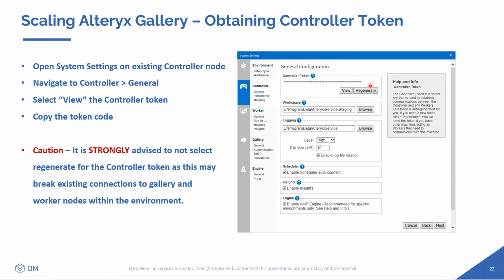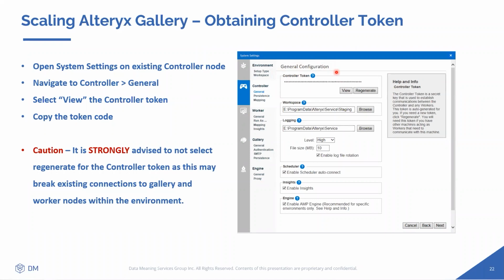This is the token that is used to start connecting your designers to the server scheduler, to start connecting your controller to your galleries, but also to start connecting your controller to your worker nodes.